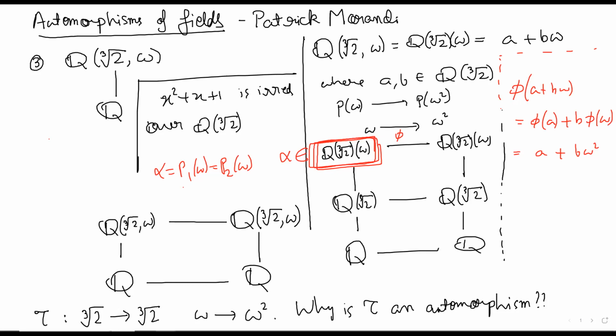For example, if you have D3 and S4, then D3, the dihedral group, has an element of order 3, the rotation, right?